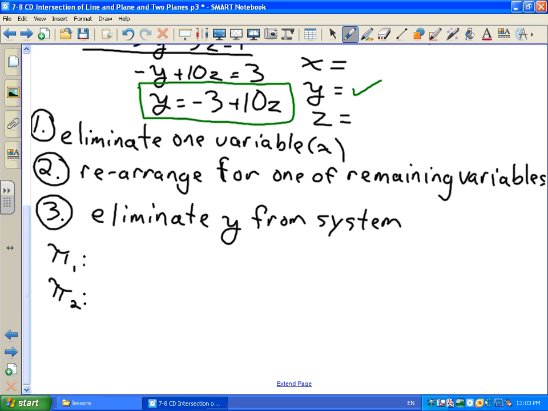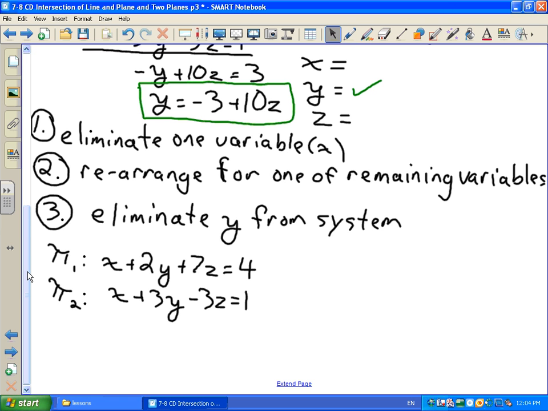1 and 2, and so this was x plus 2y plus 7z equals 4, and x plus 3y minus 3z equals 1. Okay. And from these two, we want to eliminate y. So let's multiply this guy by 3, this guy by 2, and eliminate y here.